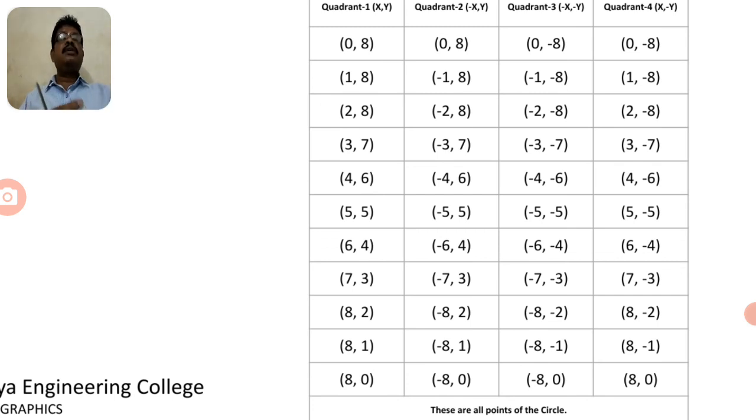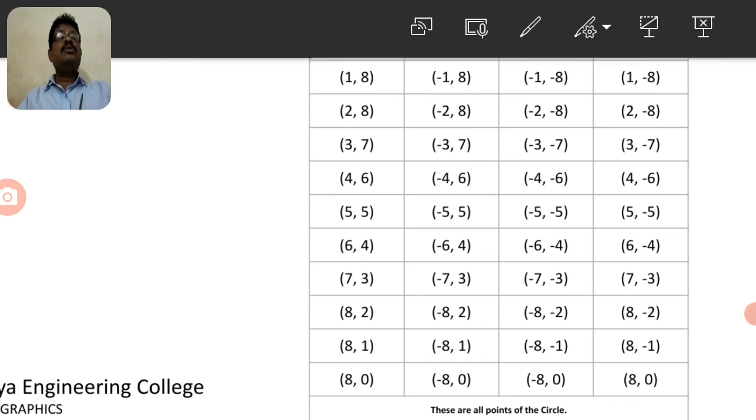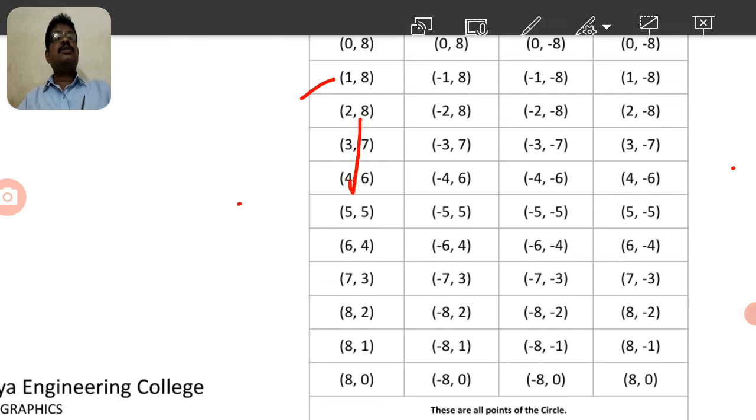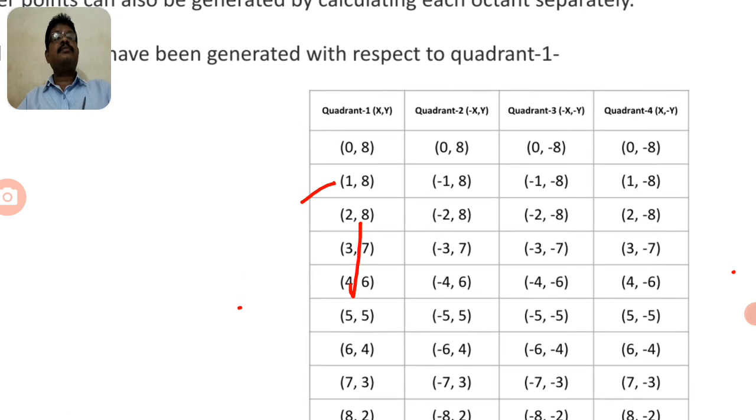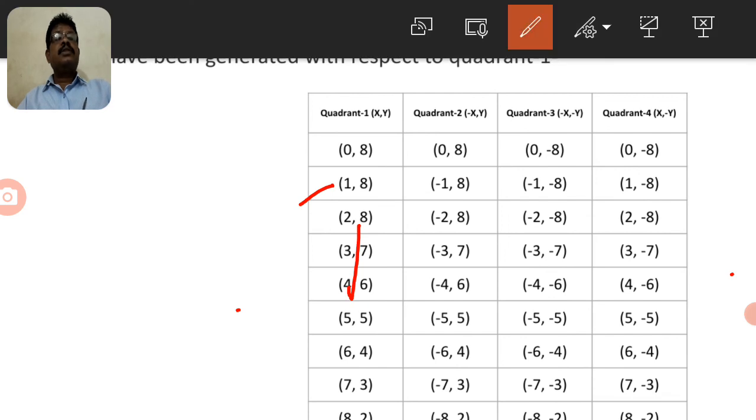Similarly, once we find the quadrant values, that is x value and y value 0, 8. Here you can observe, so here you identify the second quadrant. So here the first one is the 1, 8. Now this is the first quadrant value 0, 8.